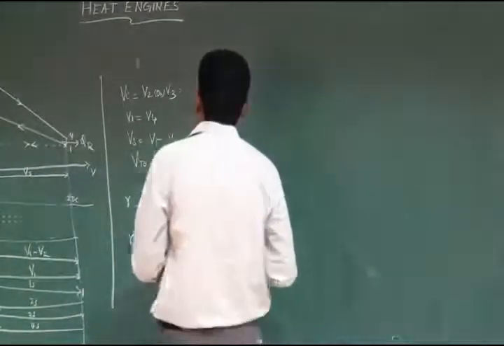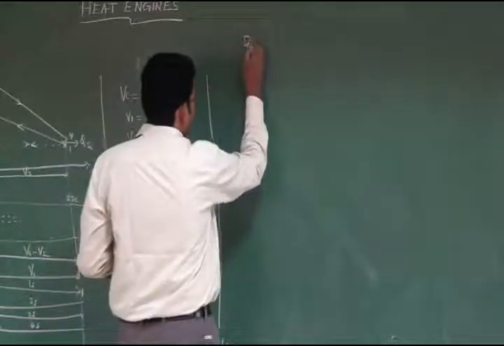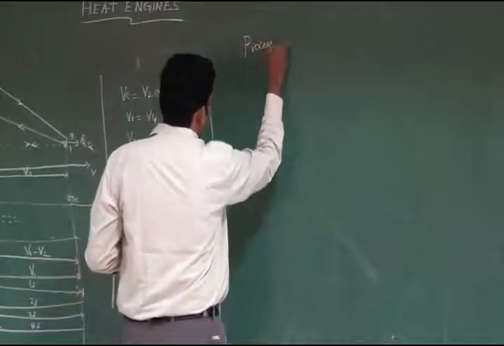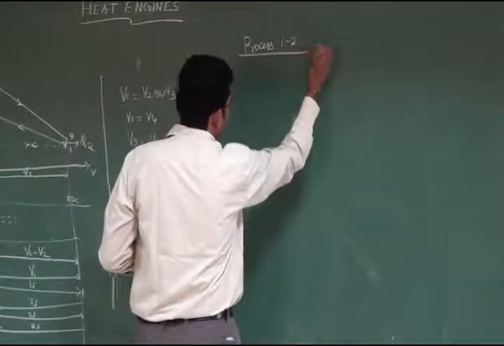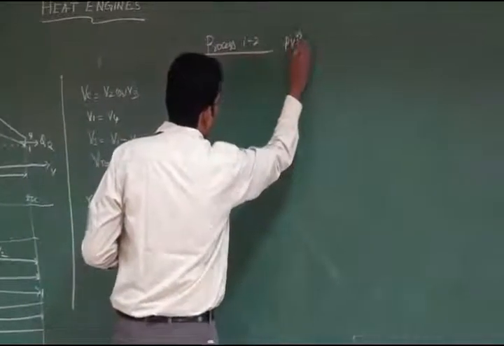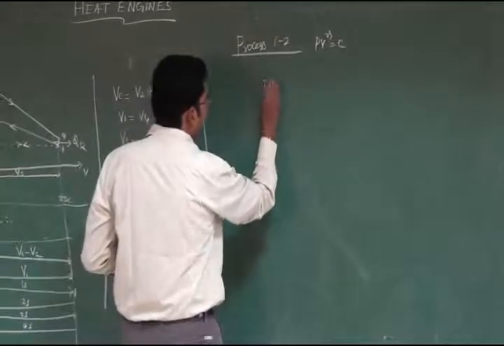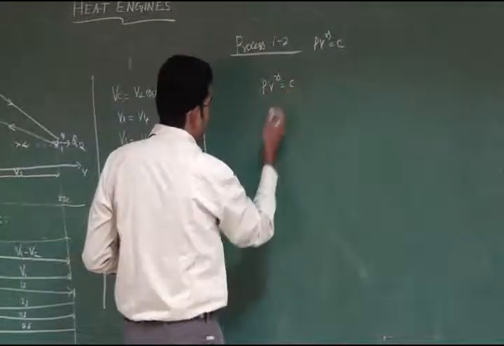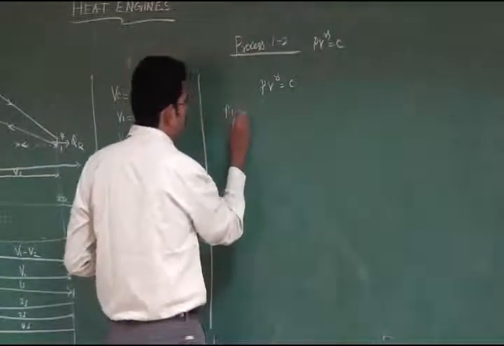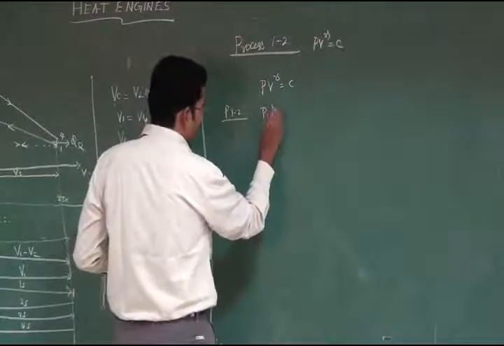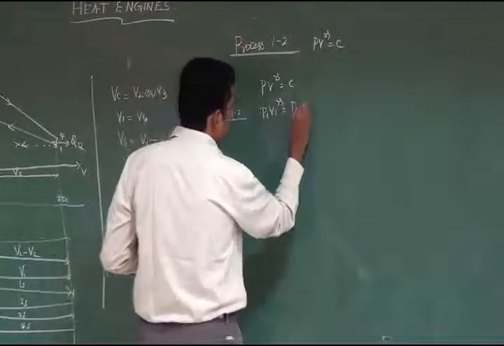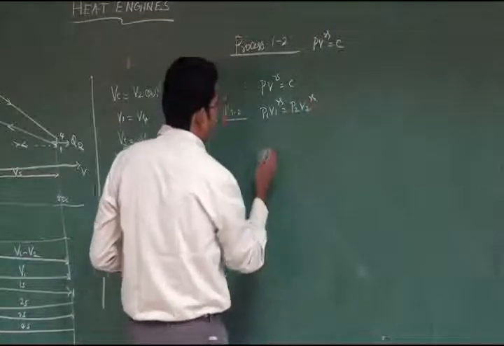First I am taking process 1 to 2. Process 1 to 2 is a reversible adiabatic compression process, in which we know the relation PV to the power gamma is equal to C. Applying it to process 1 to 2, P1 V1 to the power gamma is equal to P2 V2 to the power gamma.